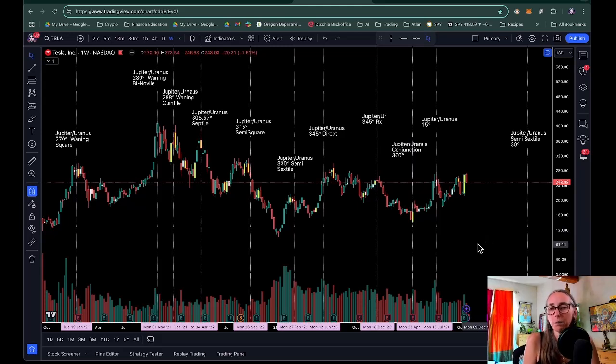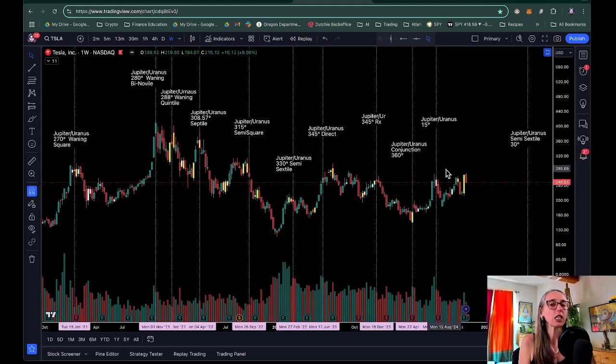I begin by looking at the conjunction, the opposition, the square, and the trine. If I find patterns there, then I will hone in on the smaller harmonic divisions of 360. Not all assets are going to be as powerful as the Jupiter-Uranus. Not all planetary cycles are going to be as powerful on any particular asset.